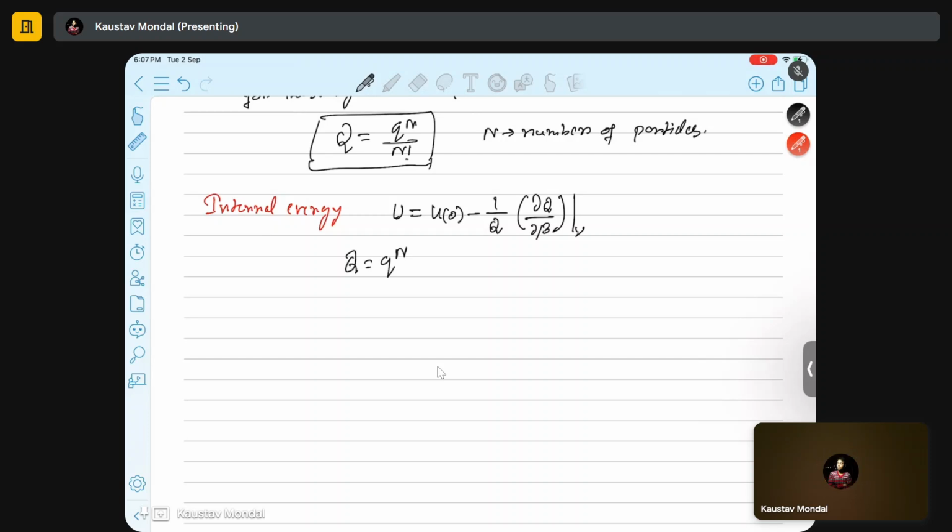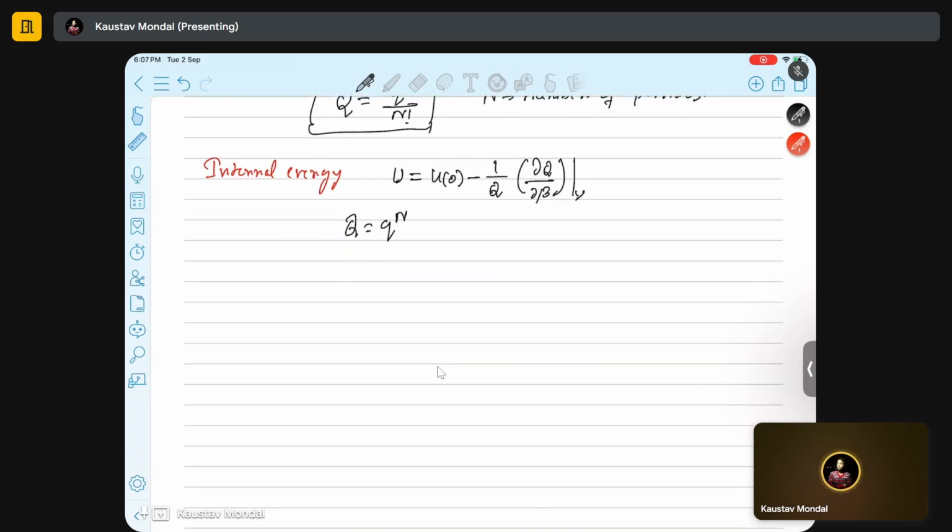So now we can write the internal energy in terms of a molecular partition function. That means we need not evaluate the whole canonical partition function, but just by using the molecular partition function we can calculate the internal energy. The expression becomes U minus U0 equal to minus N by q into del q del beta at constant volume.